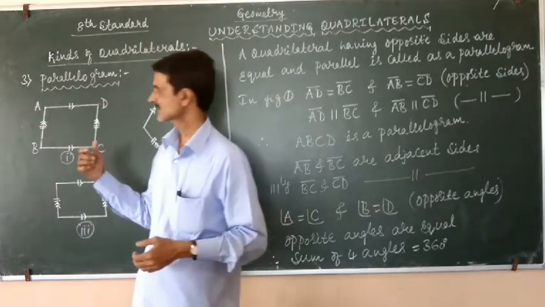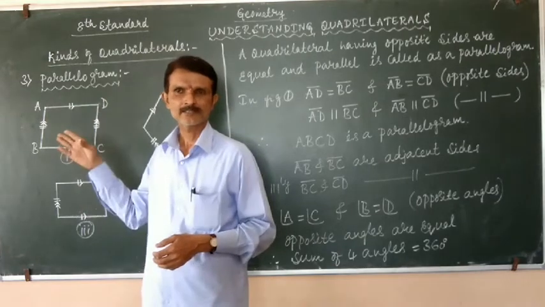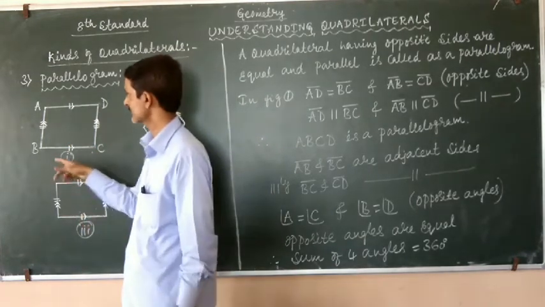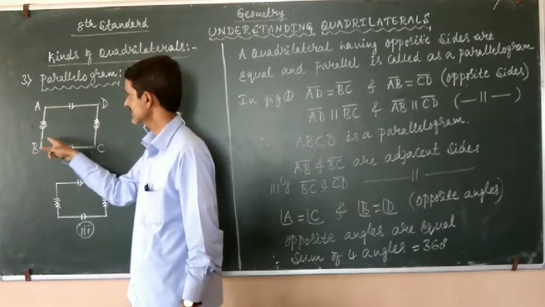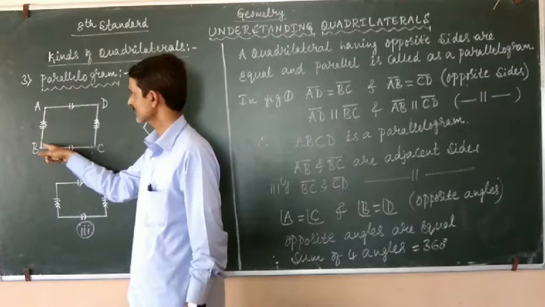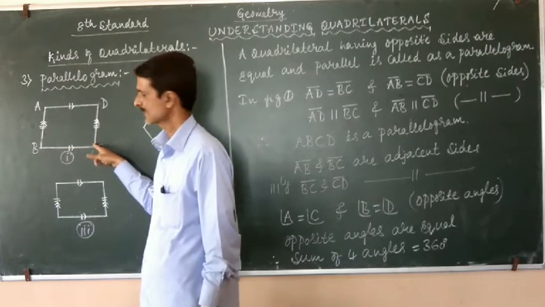So coming to the adjacent angles, in a similar way to what we have written for the sides, angle B is adjacent to angle C. So angle B and C are the adjacent angles.